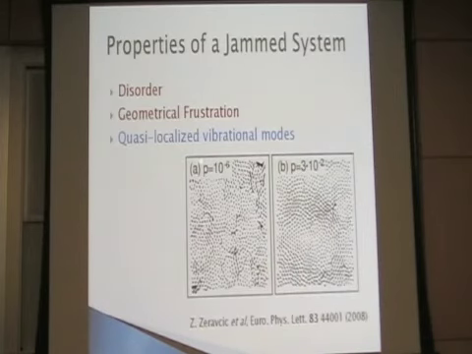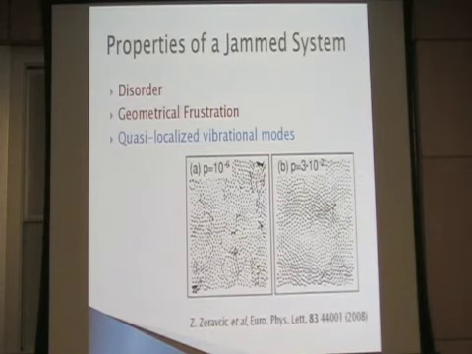Besides, there is some geometrical frustration in the system, and it brings in many local energy minima. In addition, simulation has suggested some quasi-localized vibrational modes. As you can see in this right figure, these vibrational modes are not fully extended, but kind of weakly coupled into some swirling-like groups.